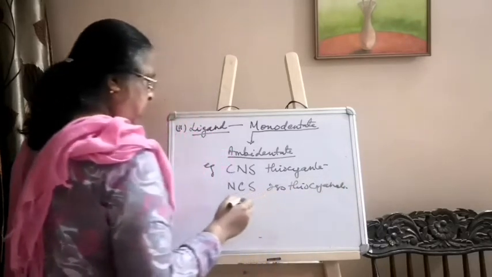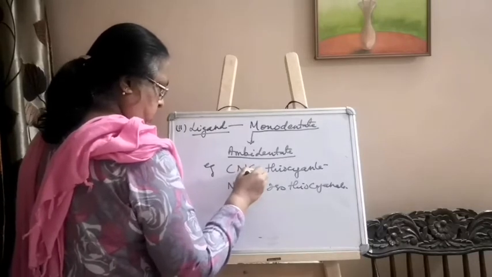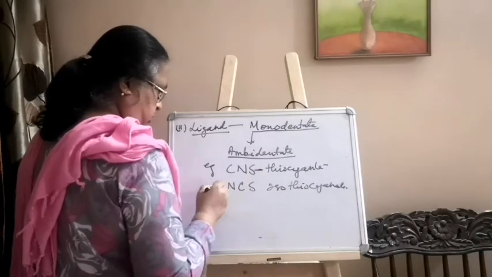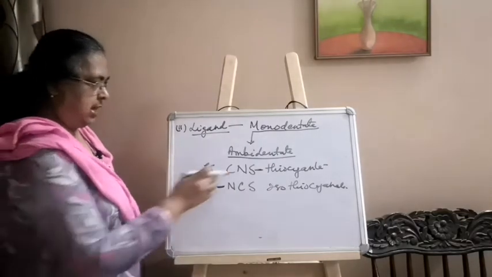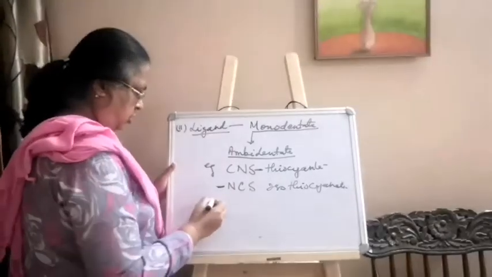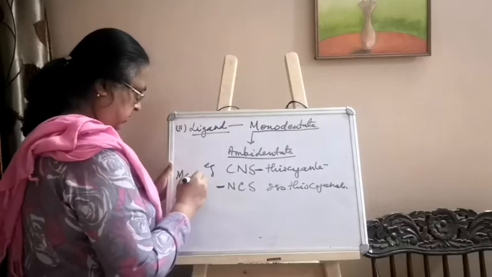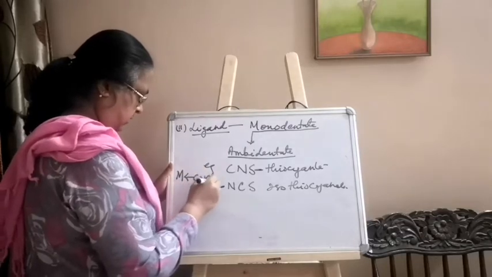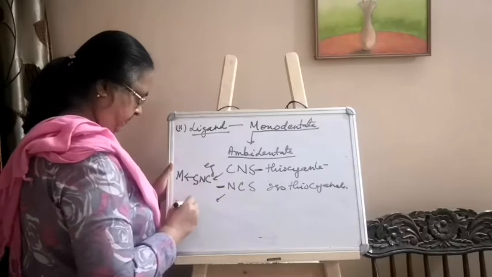So in this case, the bond will be through S, and in this case the bond will be through N. The central metal atom will be attached to S, and the central atom will be attached to N. So in this case the bond will be like this, M-S-C-N, and in this case the bond will be like this.